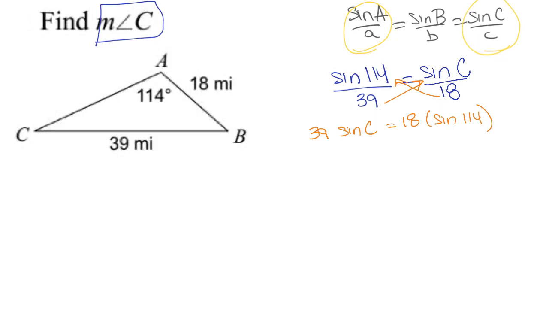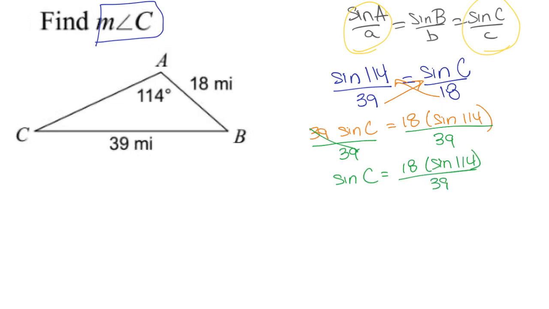I'm working on getting C all by itself, so I know I need to divide by 39 on both sides. Right? So now I have sine C equals 18 times the sine of 114 divided by 39. I'm almost got C all by itself, but I have this little sine over here.